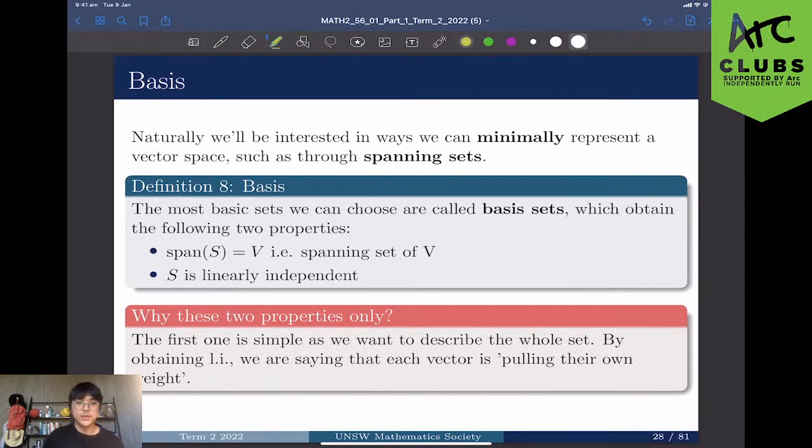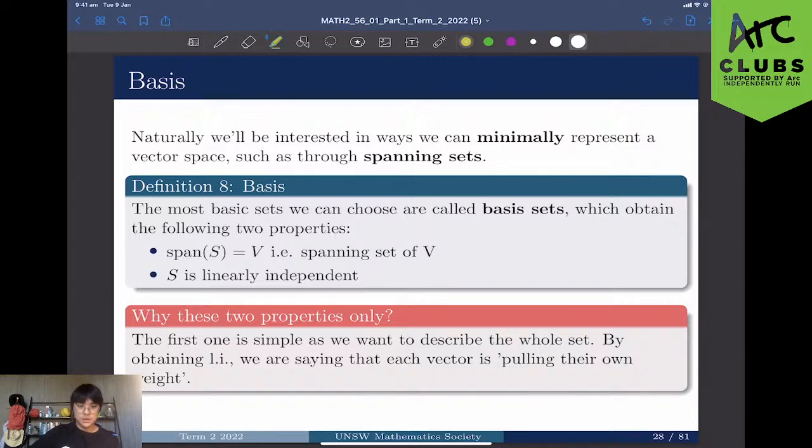So now we're interested in basis sets. For basis sets, we want a set that spans the whole space, but we want it to be minimal, which means that we don't want more than we need to span the whole space. Because if we already have what we need to span everything, and we add another element to this set, you can already make that element from the elements you have in the basis.